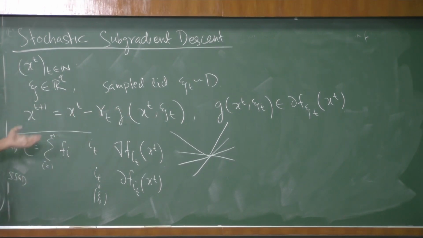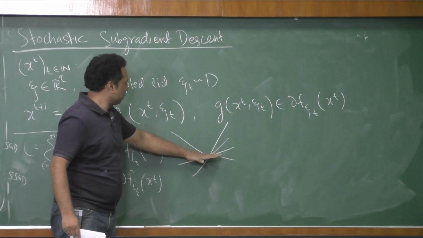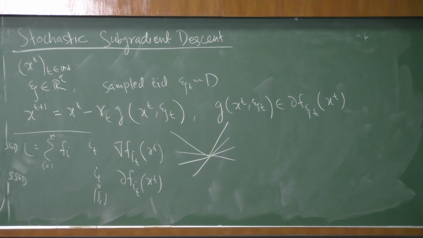There is a proof that even picking any of these subgradients, at a point where it is not smooth, the method can still be made to converge with proper choice of step size and so on. So that is exactly the stochastic subgradient descent method. Non-smoothness is the only additional feature here.